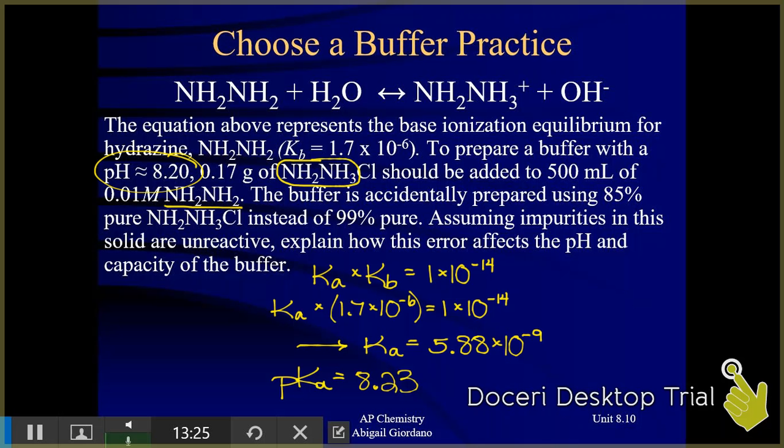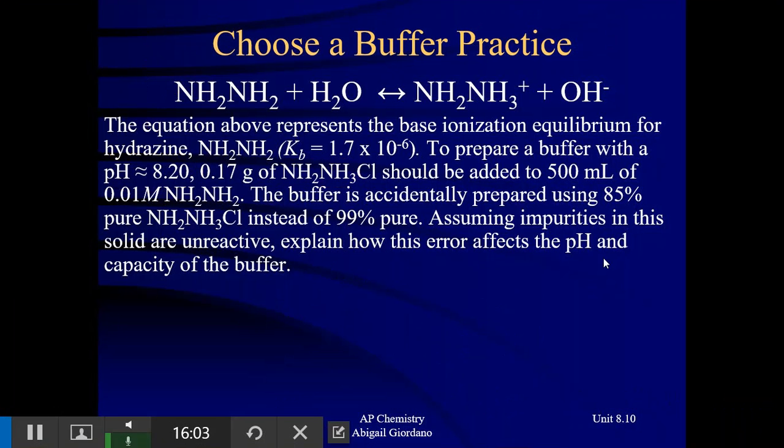If I use this particular buffer system, using hydrazine and hydrazinium chloride is a good choice because its pKa is very close to my desired pH. Okay, so that's why I chose this particular buffer system. So I just wanted to show that to you.